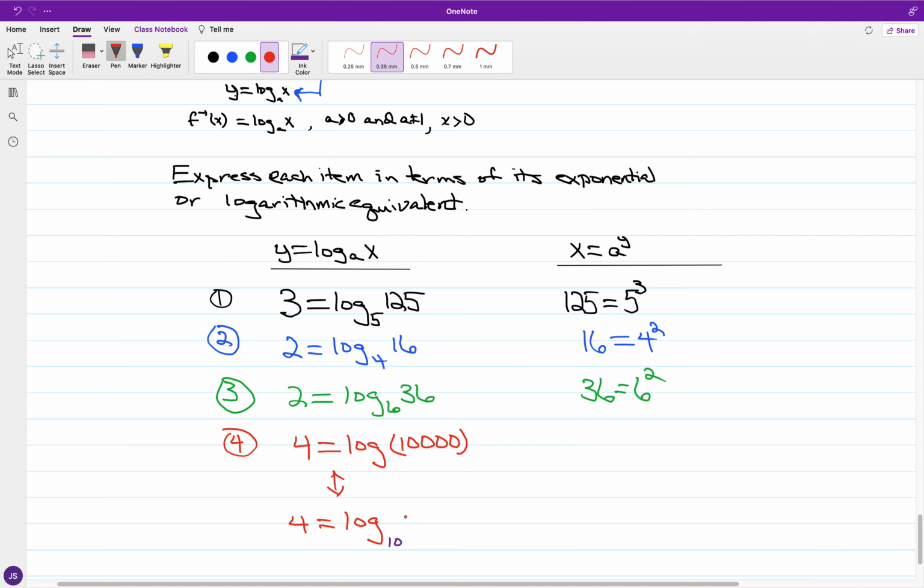So if I take the logarithmic term and explicitly lay out what the logarithmic base is, that's going to be 10. So we get the base 10 logarithm of 10,000. So we have x at 10,000, and a is going to be 10, and to the y, which is going to be 4.